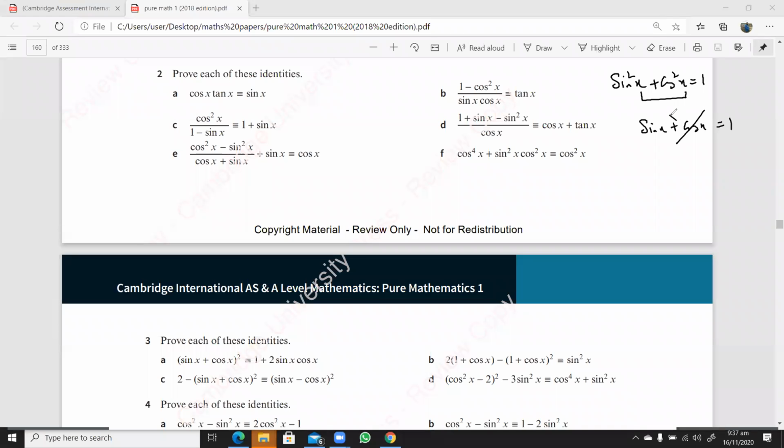No, you can't do that. Remember, sine square x plus cos square x equal to 1 has been derived through the Pythagoras theorem. So both of them should only be squares, they should be positive, and the angles should be same. Only then they are going to be equal to 1. Okay, so please remember this.